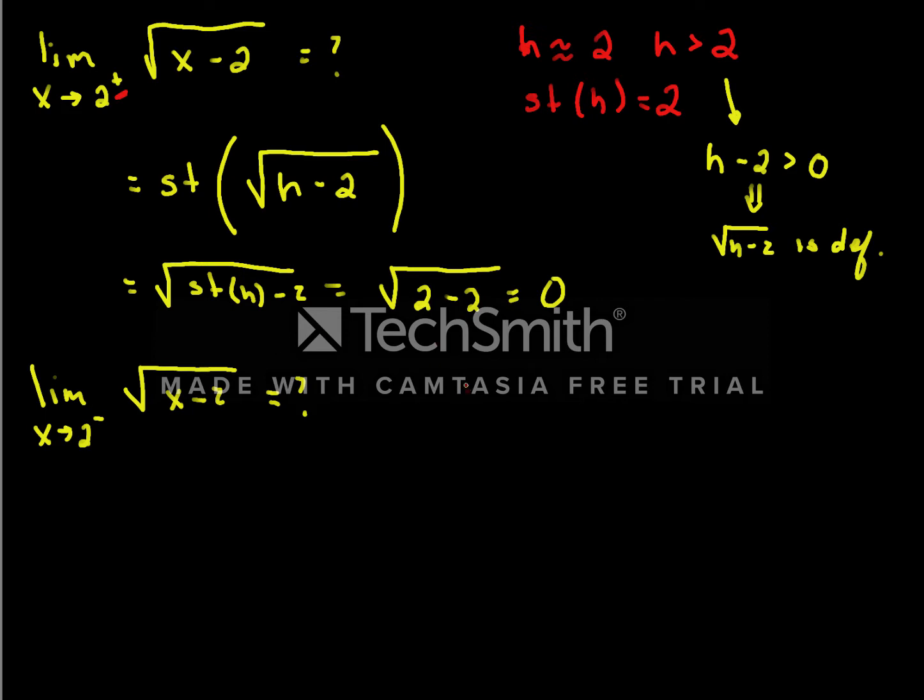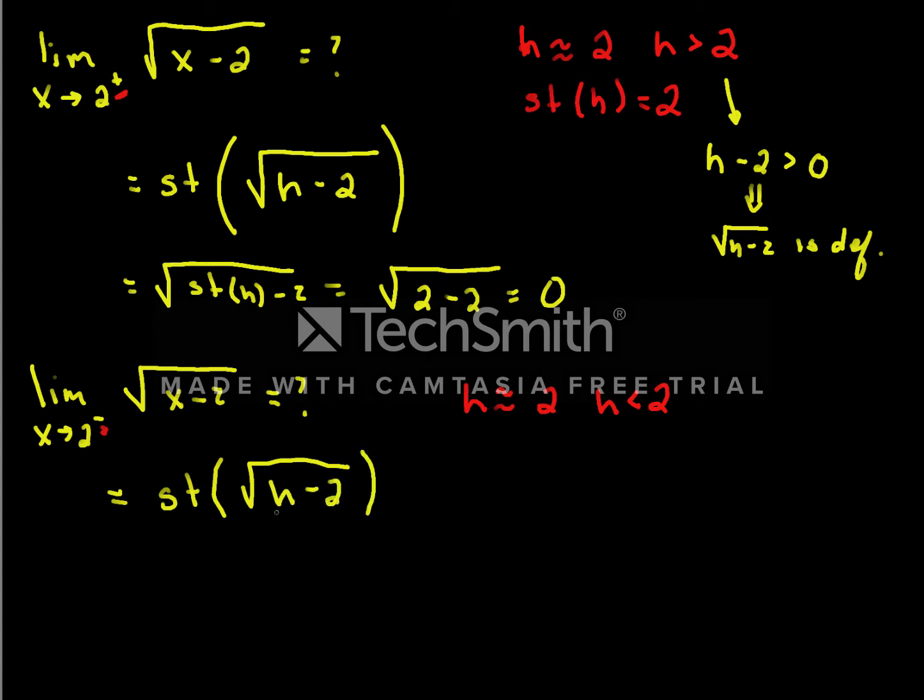We want h to be infinitely close to 2, and h now is strictly less than 2 because this is the left-hand limit, so we're to the left of 2. So this limit, if it exists, will be the standard part of the square root of h minus 2.